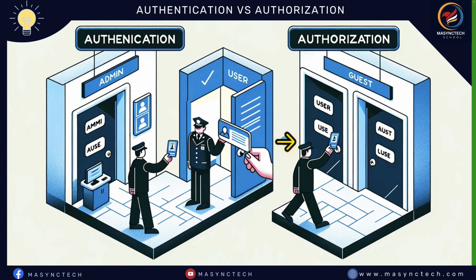Now let's see this picture. Let's take it that this is the authentication endpoint and this is the authorization endpoint. Over here, let's say that this is our application. And this user wants to use our application. And before using the application, we need to identify who you are.